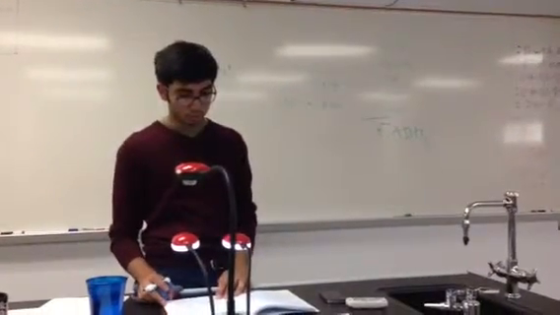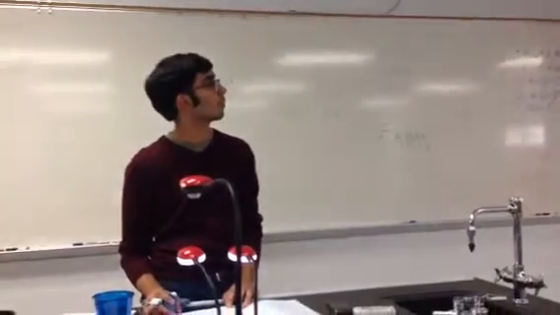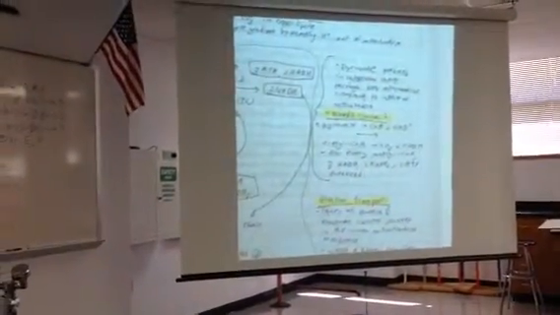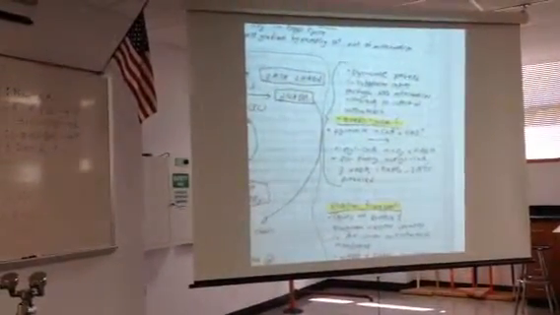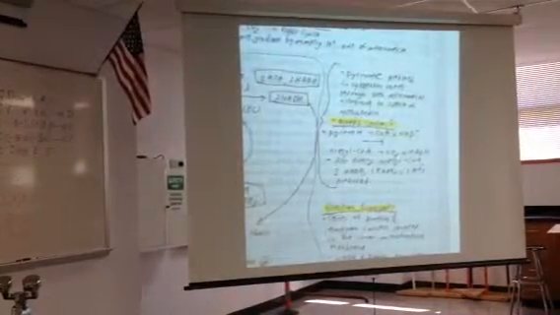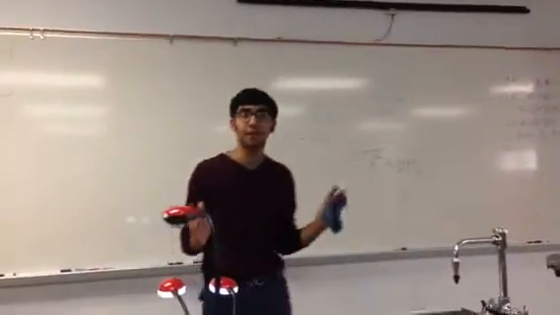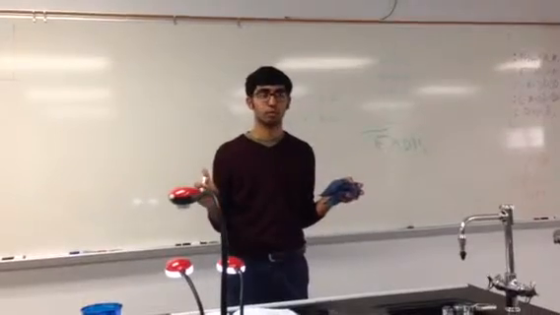So let's do the Krebs cycle, okay? Pyruvate produced in the cytoplasm moves through both mitochondrial membranes to the interior of mitochondria, okay? So what happens at the end of glycolysis? What are your products?